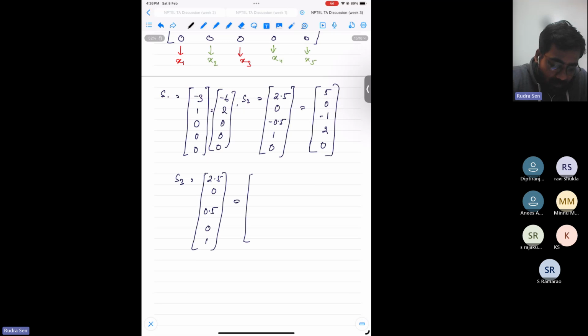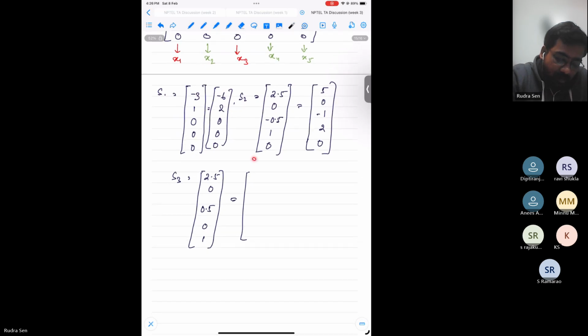These two vectors span the same space. Similarly, these two vectors span the same space. So whether you choose this one or this one, they span the same space.